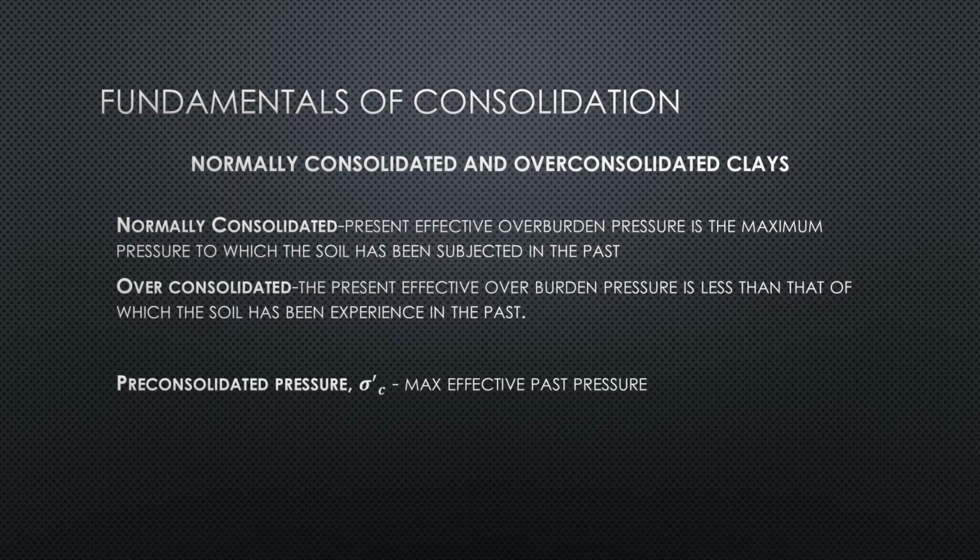But in over-consolidated, the present effective overburden pressure is less than that which the soil has experienced in the past. That means the stress experienced before was bigger compared to the pressure you are placing now. And the preconsolidation pressure, represented by gamma prime C, is the maximum effective past pressure.